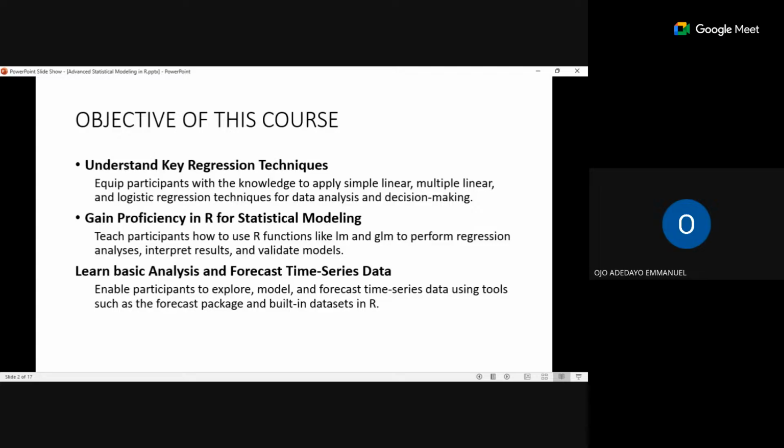When you're talking about classification, let's say for instance I want to develop a model that can detect whether someone will have diabetes or not. In that case, we normally use what we call classification. It's either they have diabetes or not. So that is what we call the classification model.